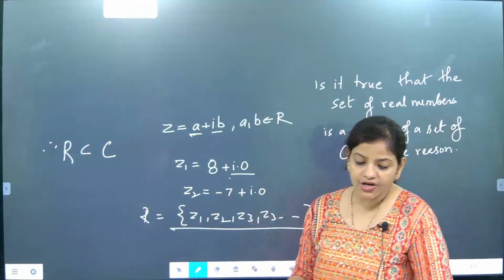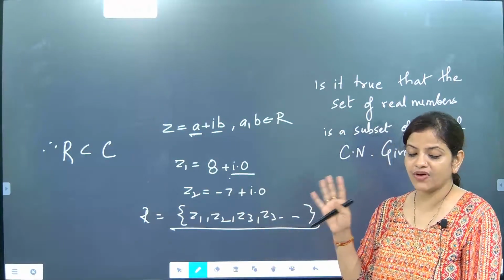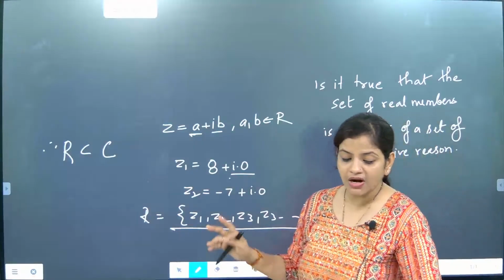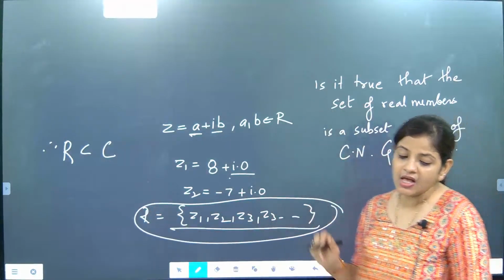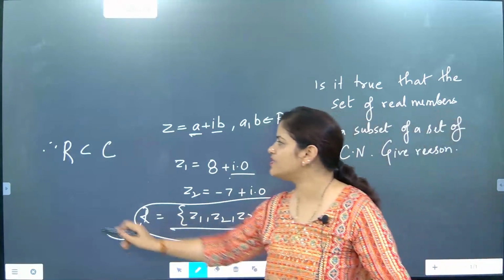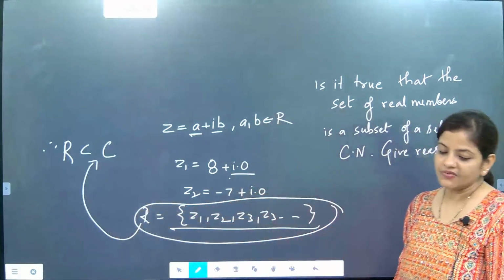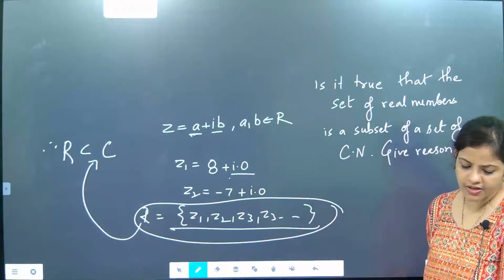So that will be different. But here, when we are writing, we are writing only real numbers, where the imaginary part is 0. So this is one of the sets of complex numbers itself.